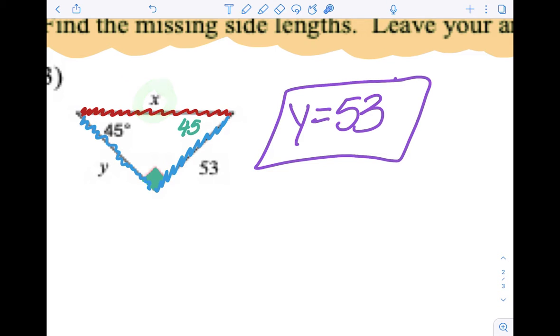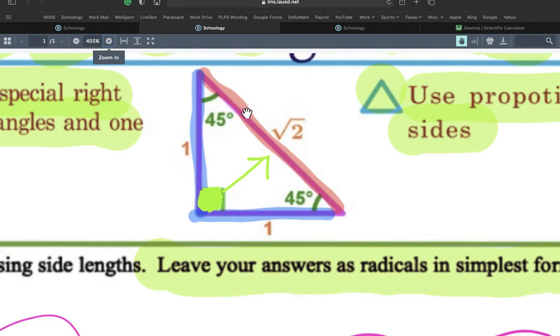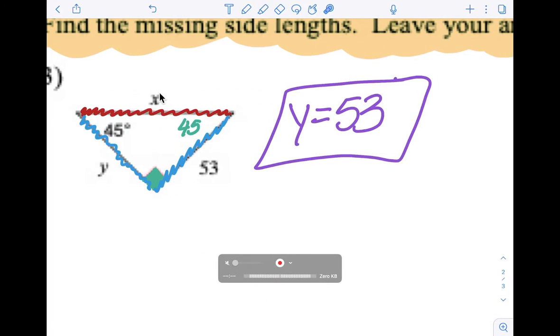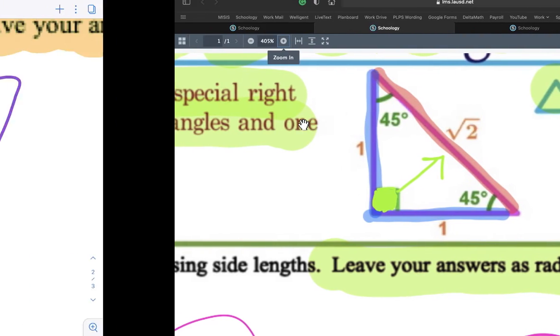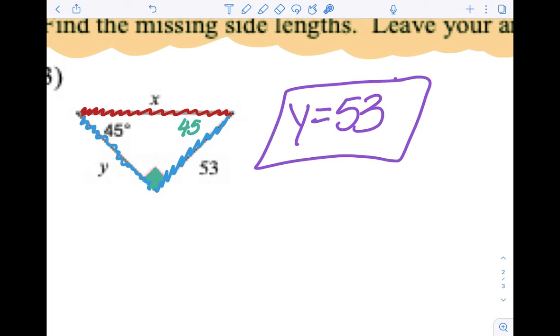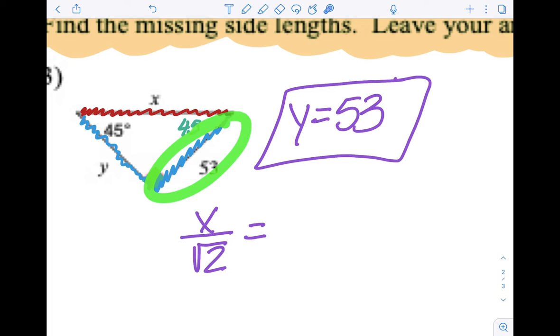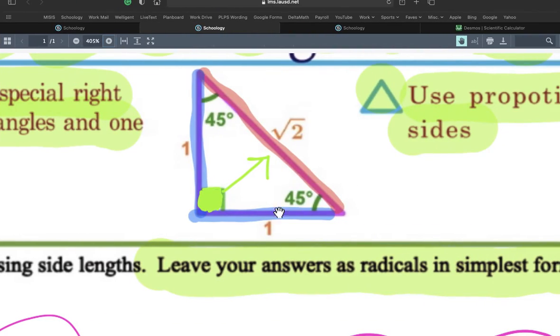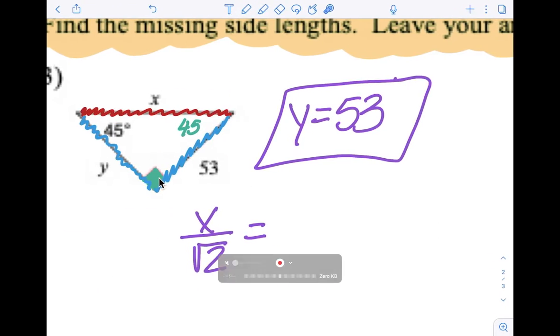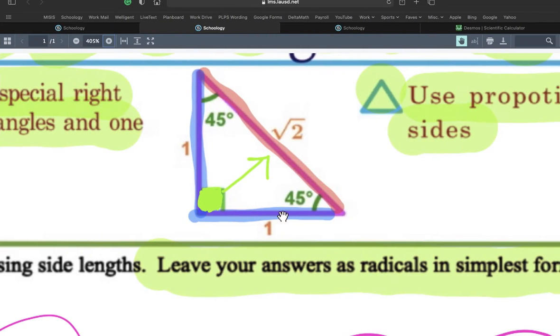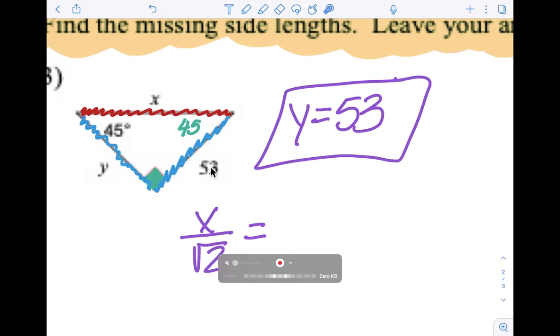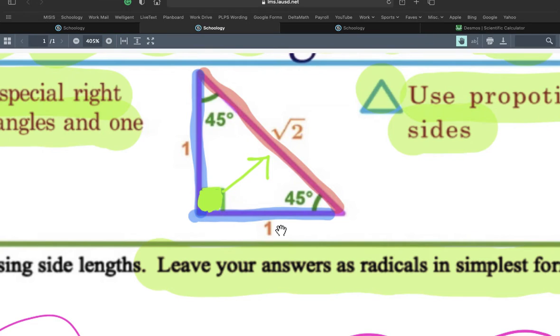But now I need to find x. So x is red. So I'll go red to red. So x will go over radical 2, and that is equal to blue to blue. 53 will go over 1. See? Blue, blue. 53 over 1.